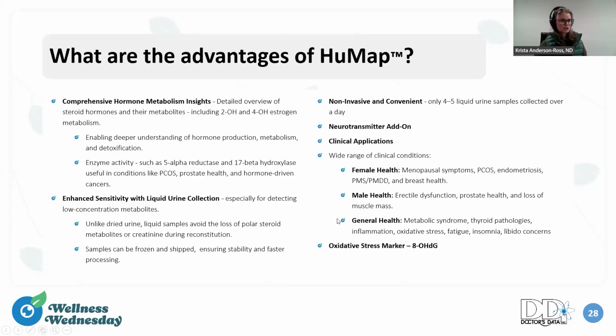And for general health, it's great for helping to identify metabolic syndrome, thyroid pathologies, inflammation, oxidative stress, fatigue, insomnia, and libido concerns. And as I mentioned, we've got the oxidative stress marker 8-OH-dG as well.